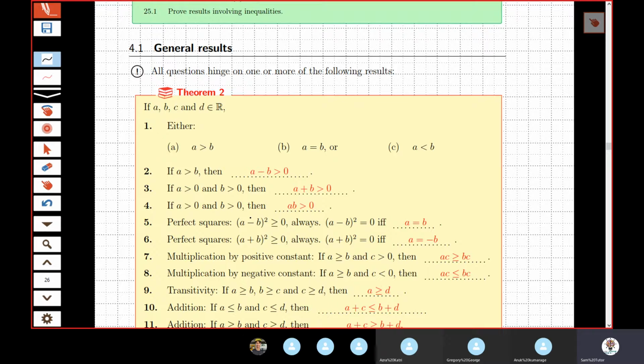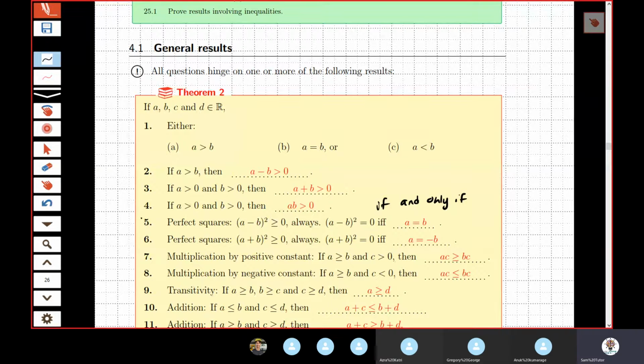Perfect squares. You can say that (A minus B) all squared is greater than or equal to 0, always, right? That's always. (A minus B) all squared is equal to 0 if and only if, so if you ever see an 'iff', if and only if A equals B, then this would equal 0. Do we understand that?